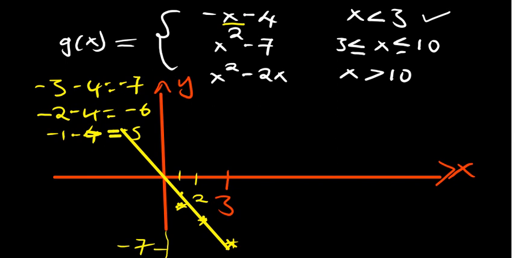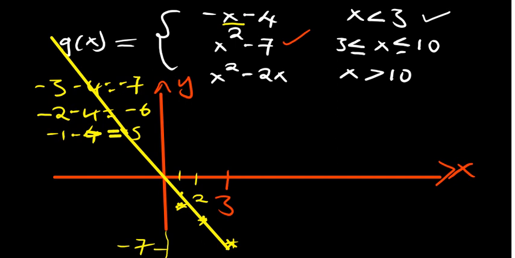Somewhere there. So it will be going up like that, because all the values that are less than 3 are defined by the first equation there. So you move to the second one. It's a quadratic function, x squared minus 7.